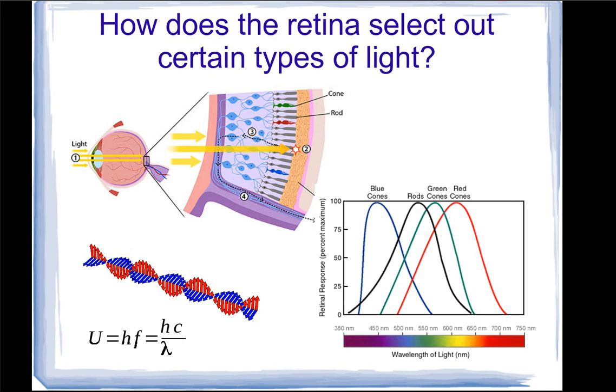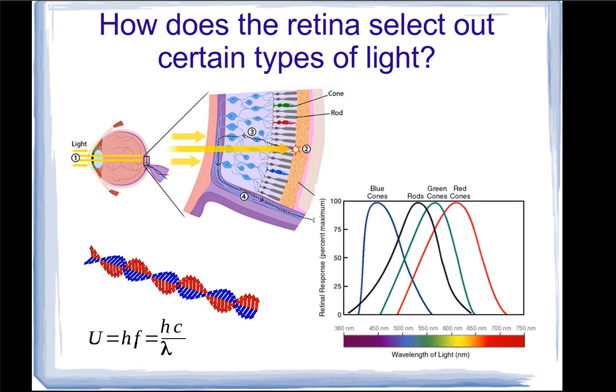So the key idea here, the physics that I want to get across, is that the blue cone curve here has a peak of around 450 nanometers. If you imagine plugging that wavelength into lambda in the equation on the left, with h and c, c, by the way, is the speed of light, 3 times 10 to the 8 meters per second.